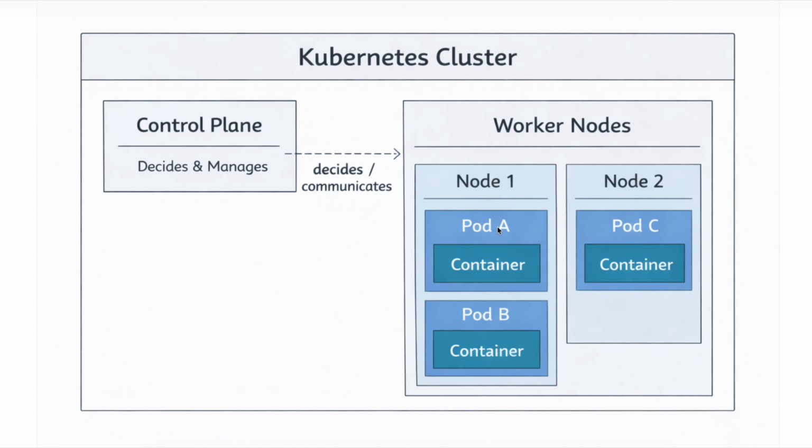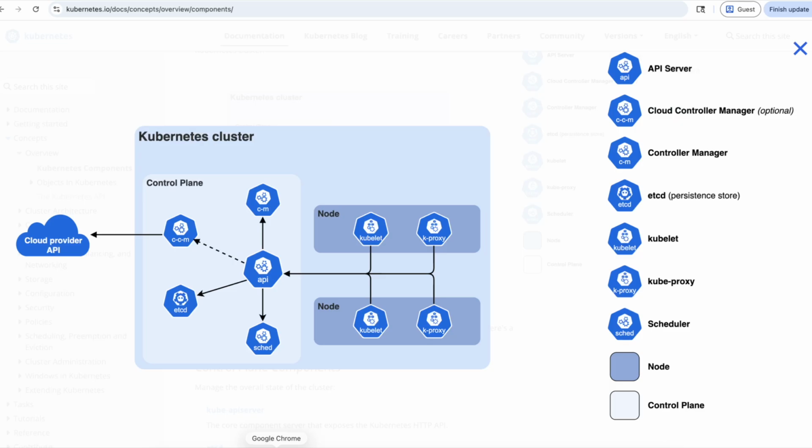Let's take a quick look at the official Kubernetes documentation. In older Kubernetes content, you may see the term master. Today, this is referred to as the control plane. This diagram shows the overall structure of a Kubernetes cluster. At a high level, a Kubernetes cluster consists of a control plane and one or more worker nodes.